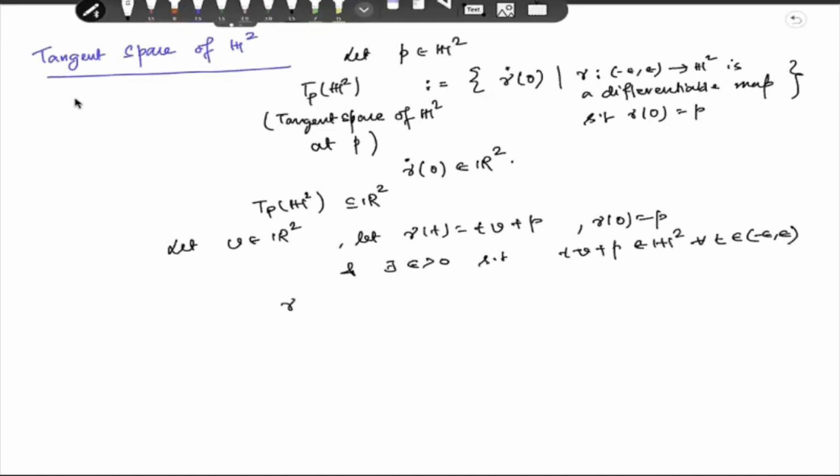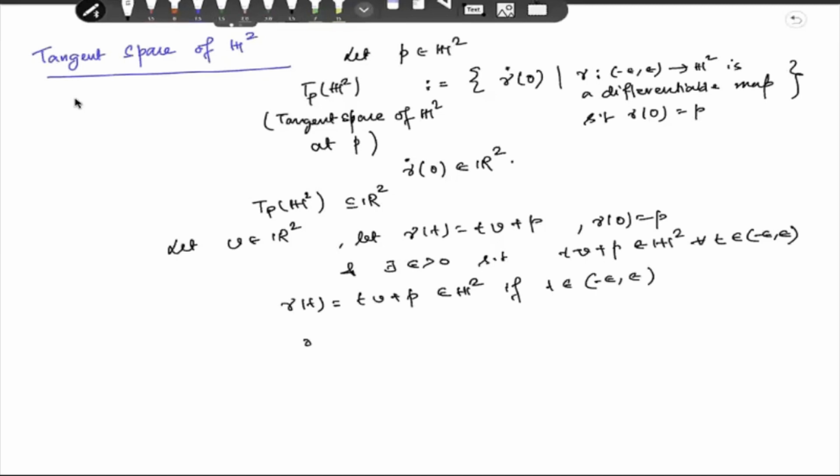So if I take this path gamma t equals tV plus P, this is certainly in R2, and this is in H2 if t belongs to the interval minus epsilon to epsilon.